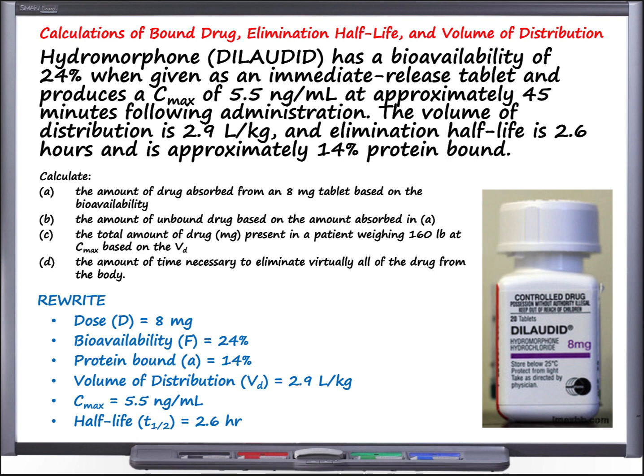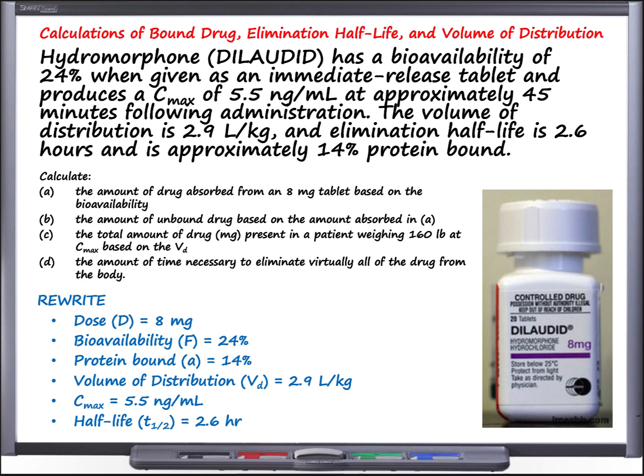They also gave us a bioavailability, which we use a capital F for, the bioavailability factor, of 24%. They told us that the drug was 14% protein bound, and remember, we'll use that when we calculate our alpha.